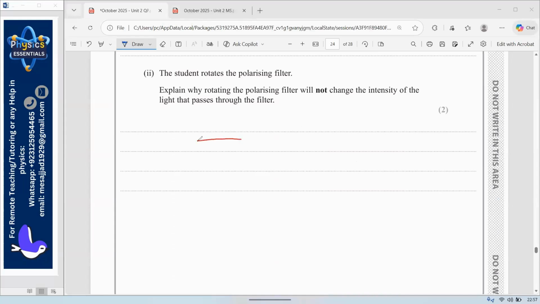For example, the light is coming with intensity I, and you have placed a vertical polarizer in front of it. This light has two components, horizontal and vertical. With a vertical polarizer, the horizontal component is blocked, and you will only get the vertical component of the light. So the intensity becomes half initially.